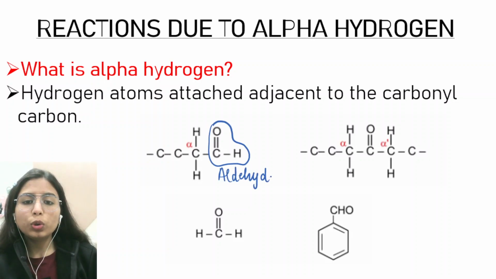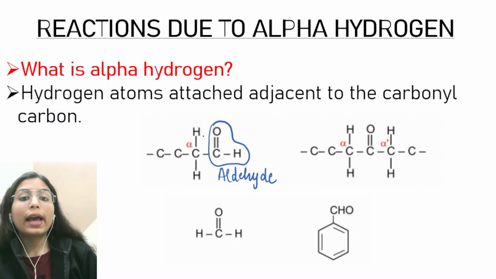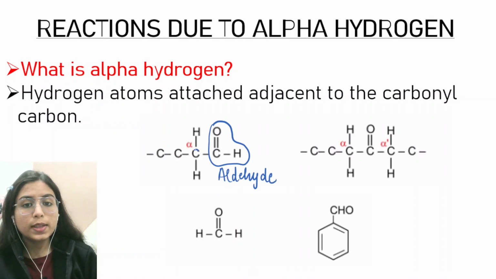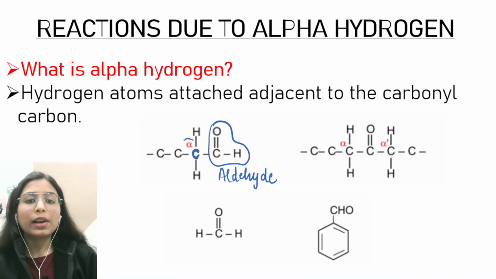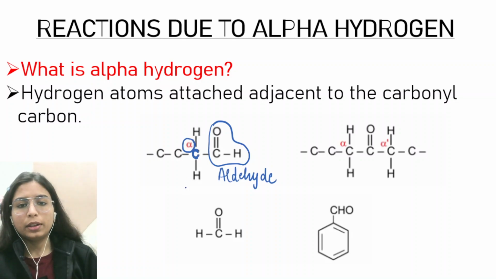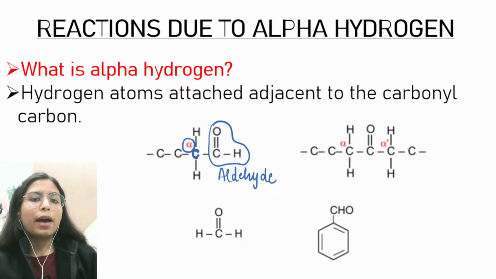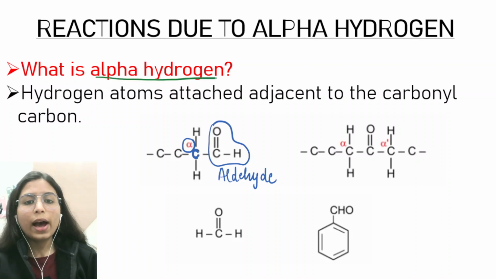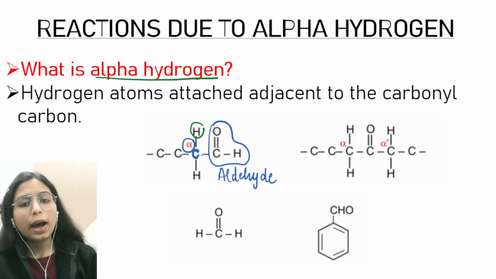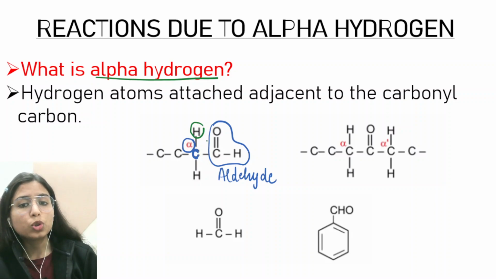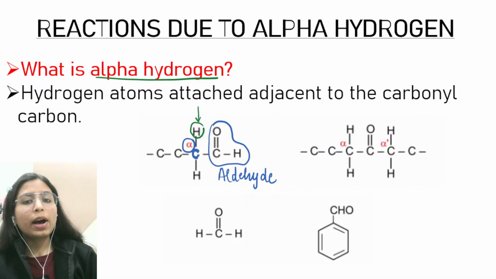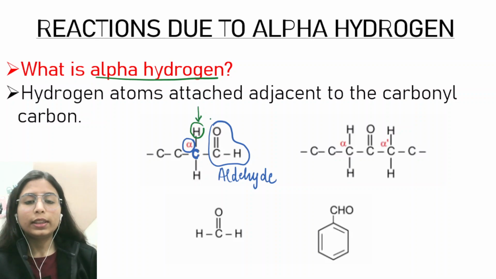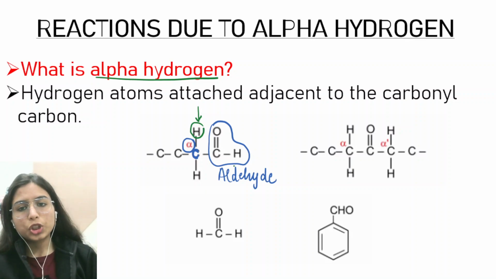Now just go to the carbon that is directly attached to this functional group. This carbon is directly attached to the functional group, and that is why I'll call it the alpha carbon. Similarly, the hydrogen that is attached to this alpha carbon is called the alpha hydrogen. These alpha hydrogens are very important. They basically undergo the aldol reaction.